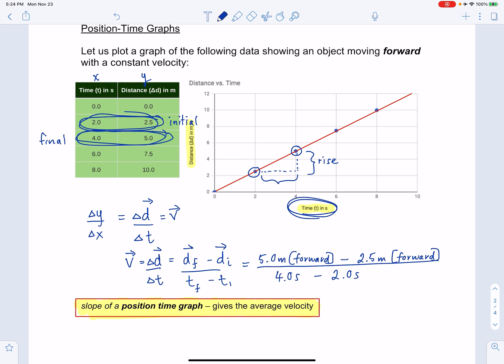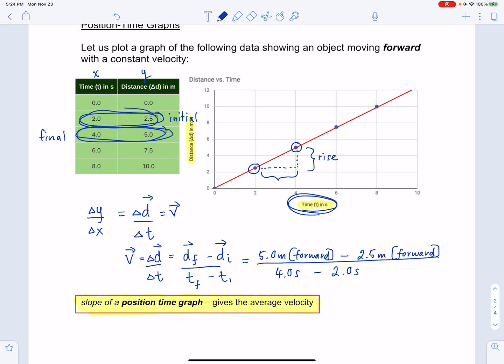If you simplify this, 5.0 meters forward minus 2.5 meters forward, keep in mind that both of these are in the same direction, so we can proceed algebraically and punch these two values into our calculator. 5 minus 2.5 is 2.5 meters forward. And 4.0 minus 2.0 seconds is 2.0 seconds.